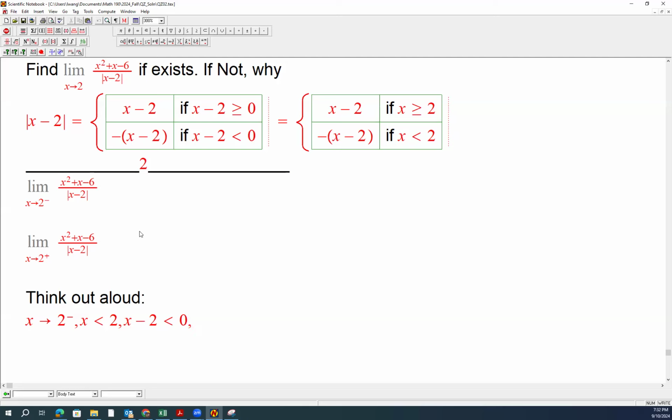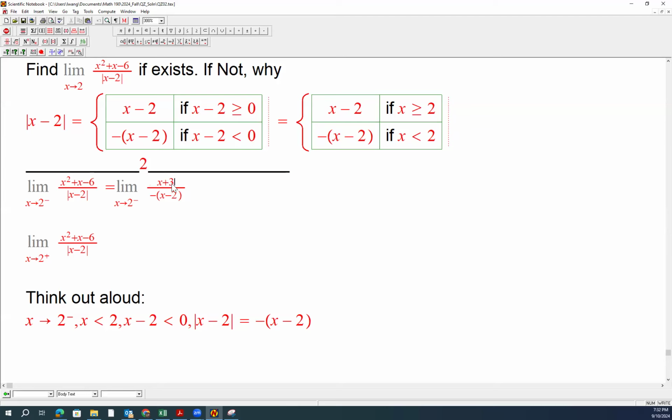If x minus 2 is less than 0, then the absolute value of x minus 2, which is a negative number, is going to be its opposite. So in this case, when we are approaching 2 from smaller, the denominator can be substituted by its opposite, and the numerator can be factored.